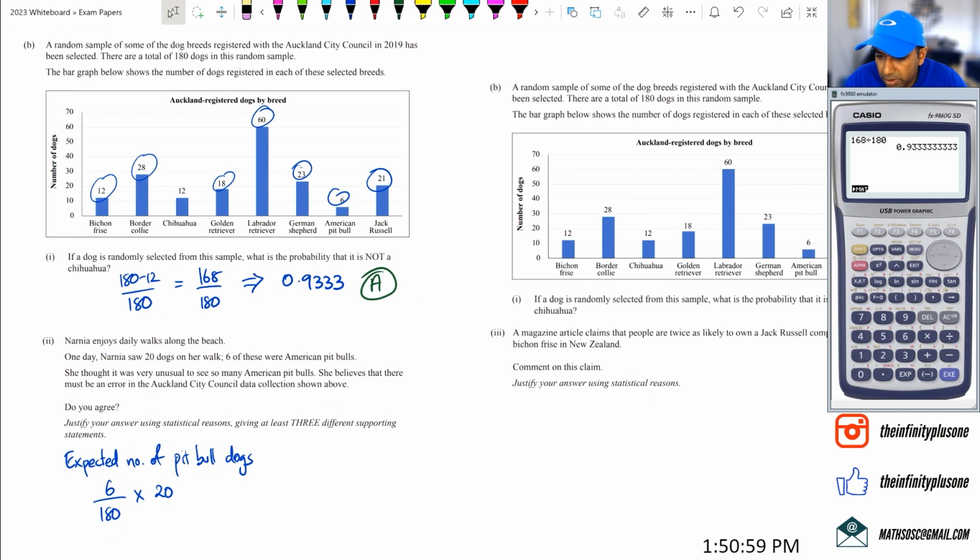So 6 out of 180 multiplied by 20 gives us only 0.667 as the expected number.